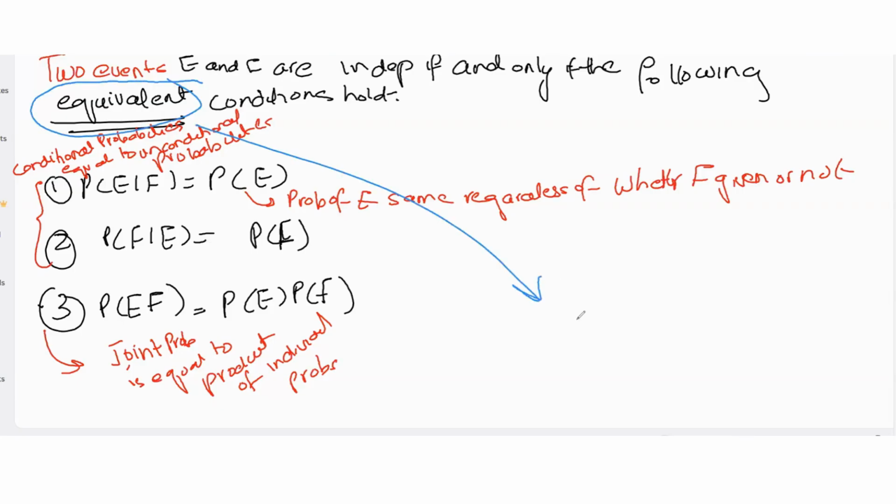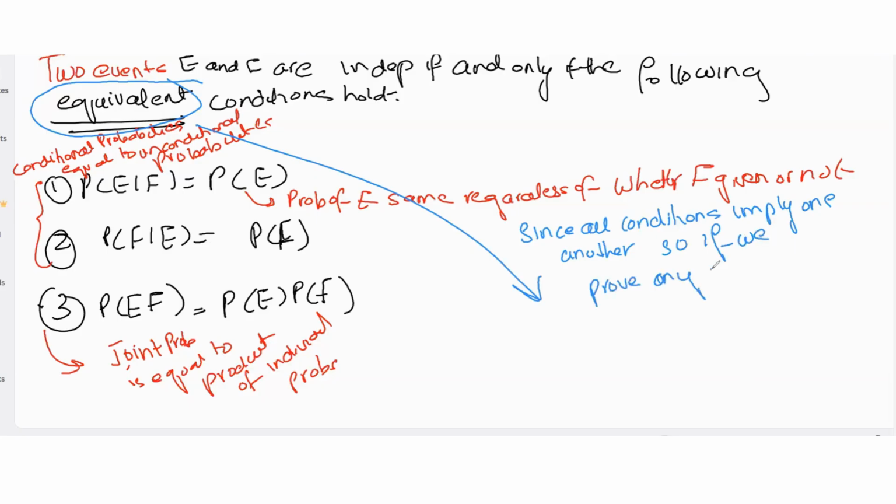The implication of equivalent here is that all the conditions imply one another. So if we prove any one of these conditions, we have shown A and B are independent events.